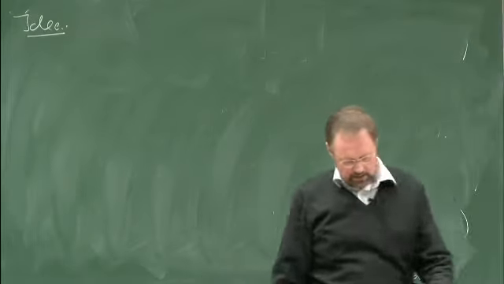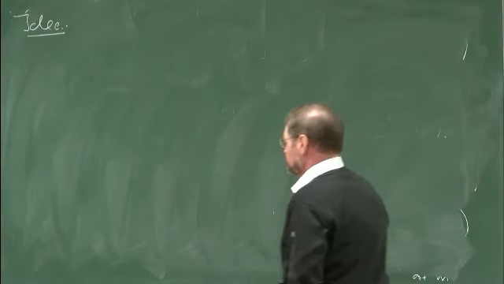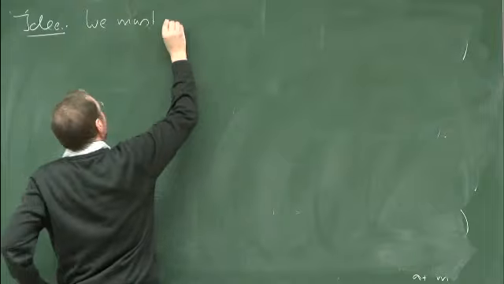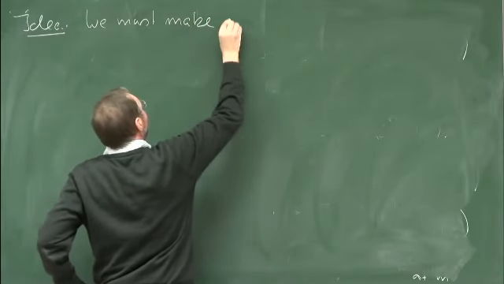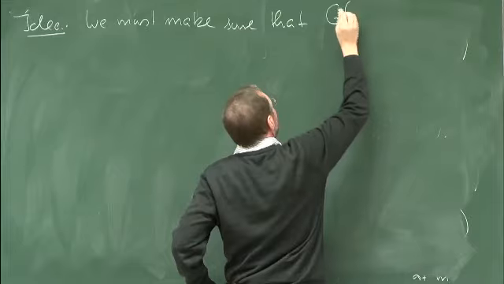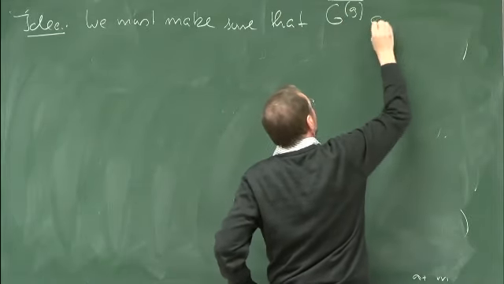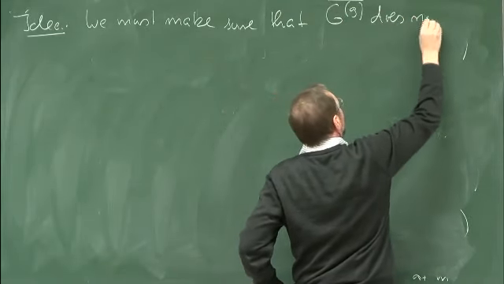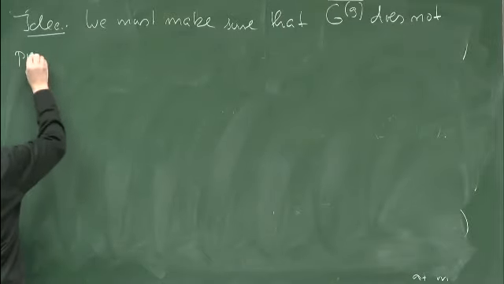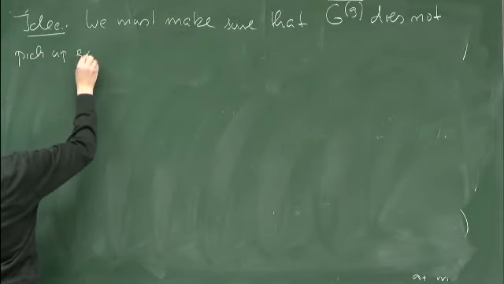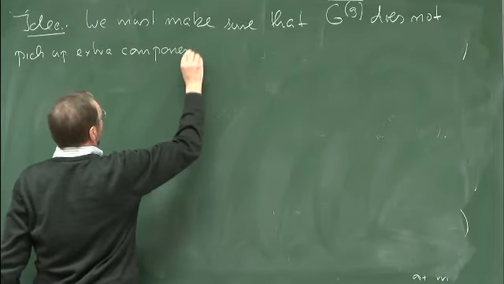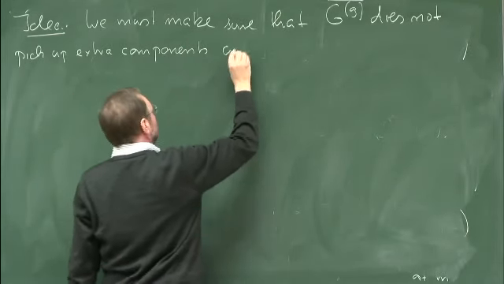The idea is this: we must make sure that G bar does not pick up extra components on the boundary.